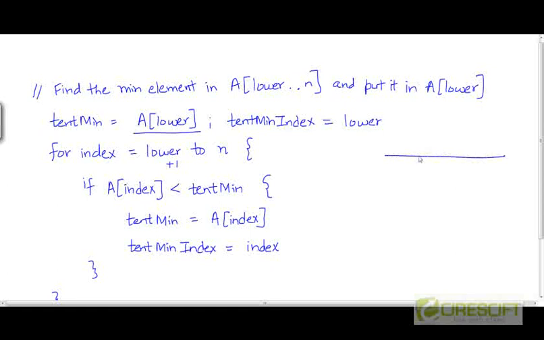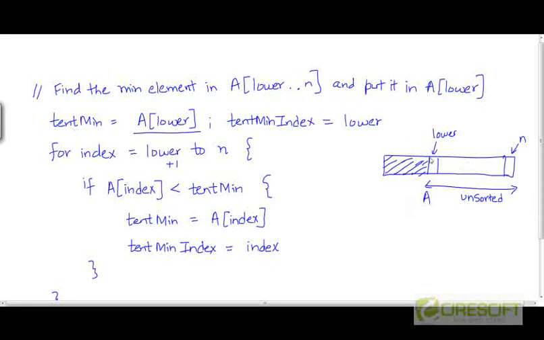So this is your input A, and this is your index lower, this is index n. Your unsorted portion extends from lower to n. This part of the array is already sorted, and this is the unsorted portion.